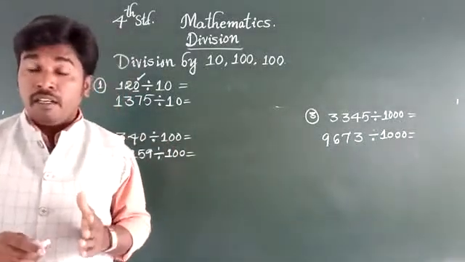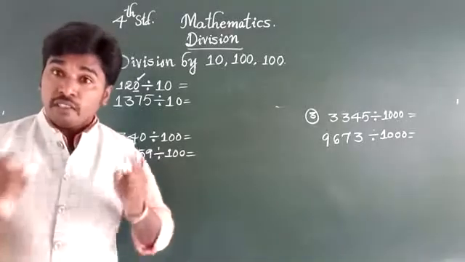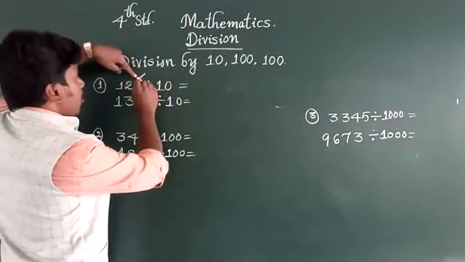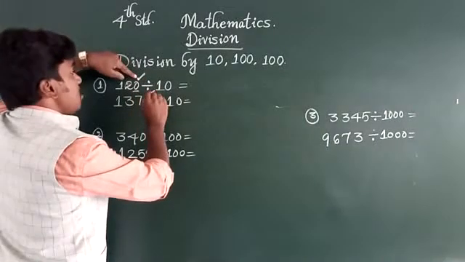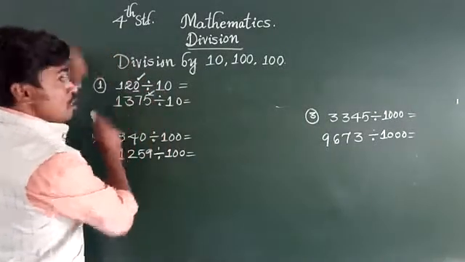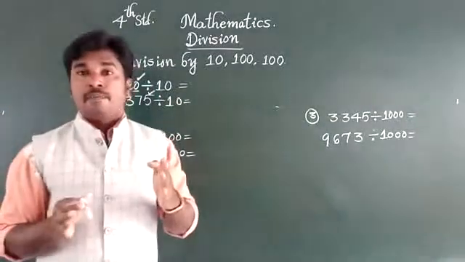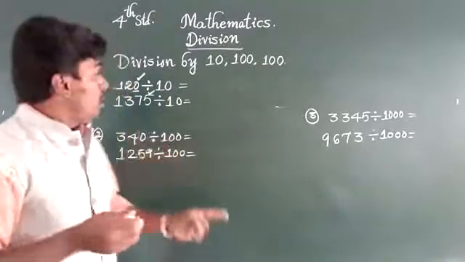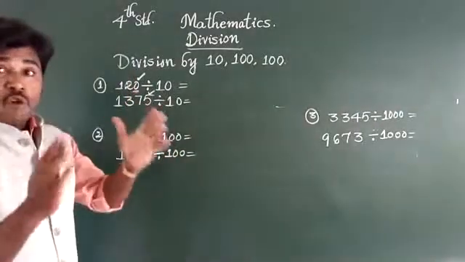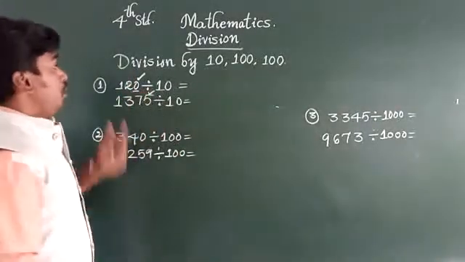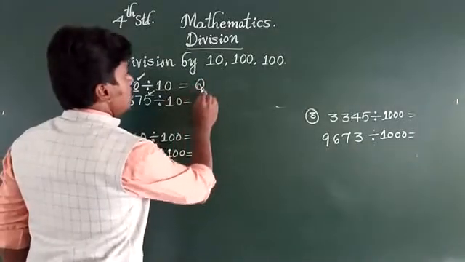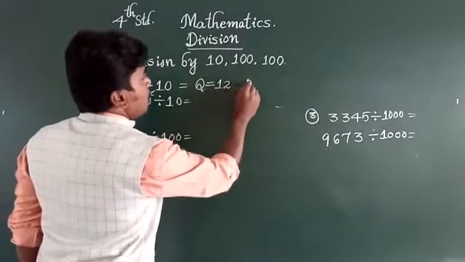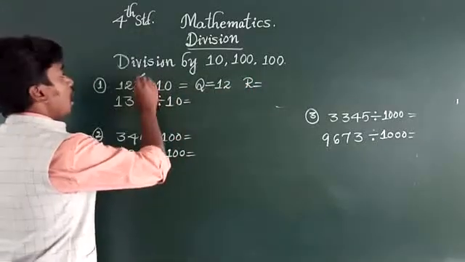Do you understand? When you are dividing numbers by 10, the last digit is the remainder. This 5 is the remainder. The remaining digits are the quotient. Here the quotient is 12, and the remainder is 0, here I have ticked.